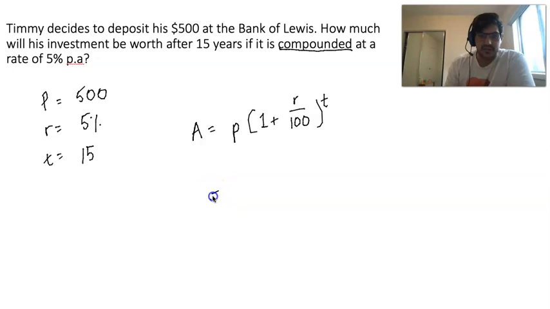So that is going to be equal to 500 times 1, and I'm just going to do this part in my head. So, oh no, I won't. I'll extend it out so we can do it all together. So we can go 5 divided by 100, so that's 5% divided by 100, to the power of 15.